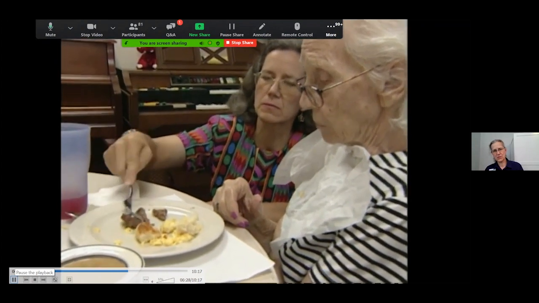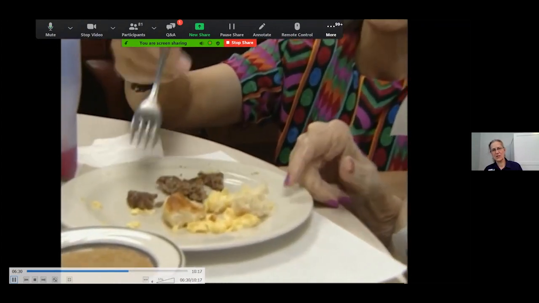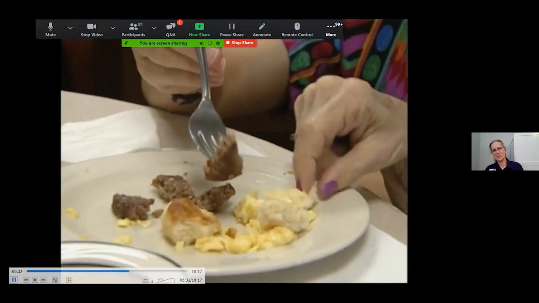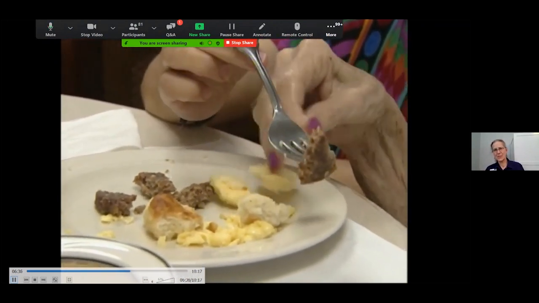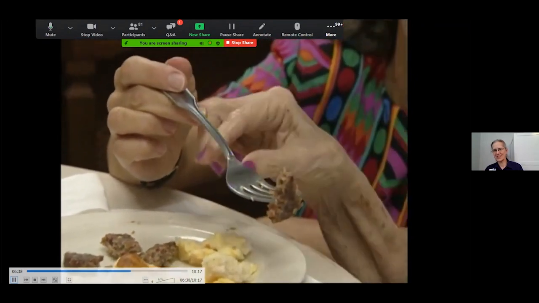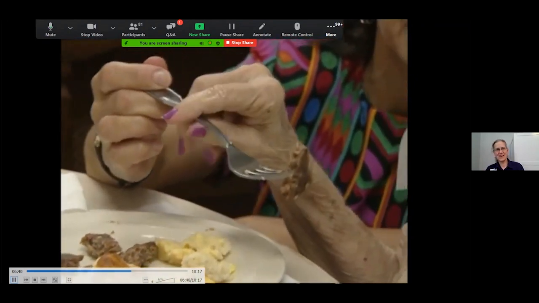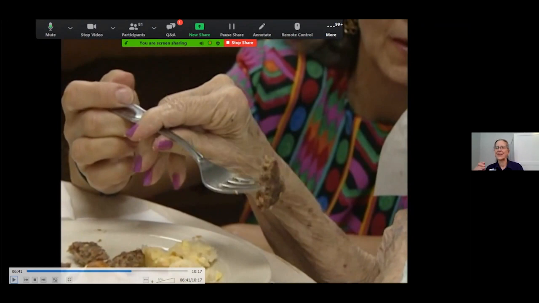So who's doing the manipulative skill with the sausage? And who's back to using the 2 fingers? Oh, now she used her third one to get. Whoa, what are you watching there? What are you watching right there in front of your eyes?